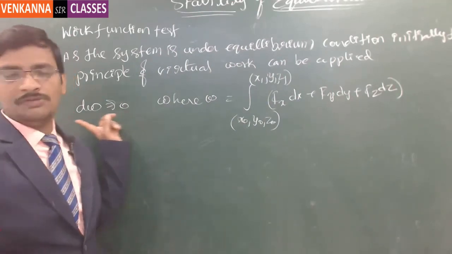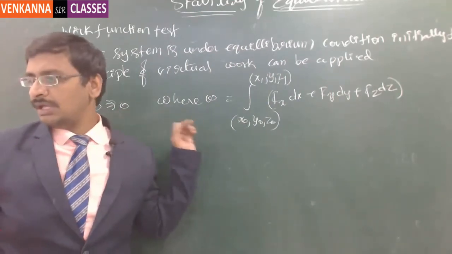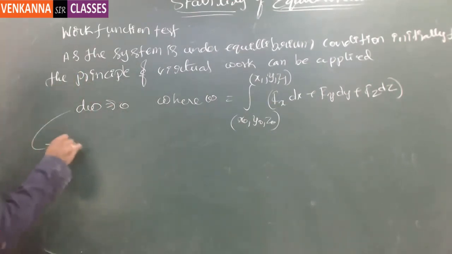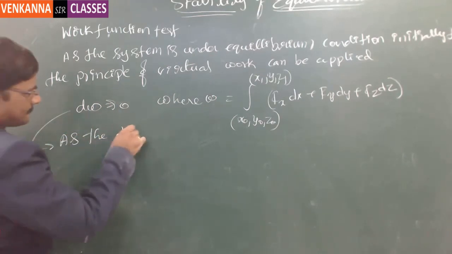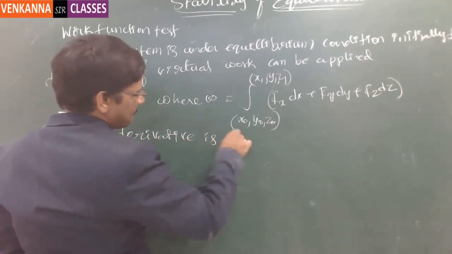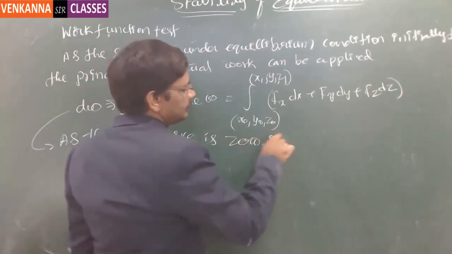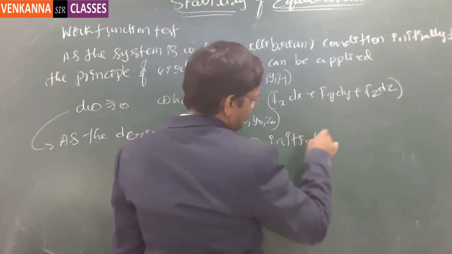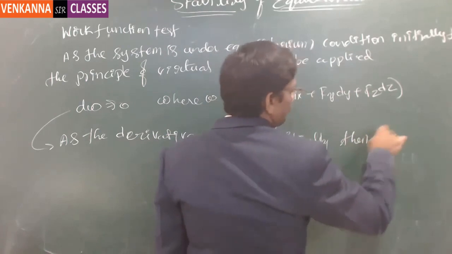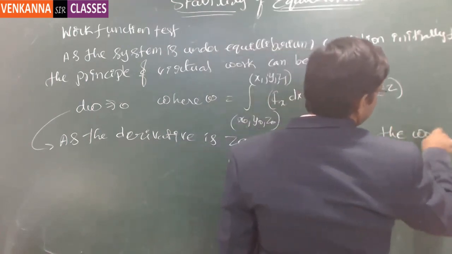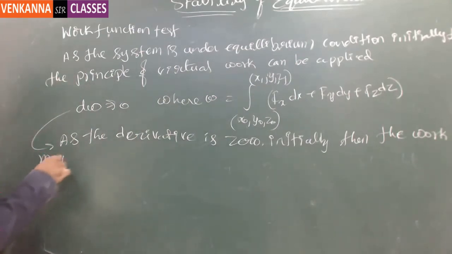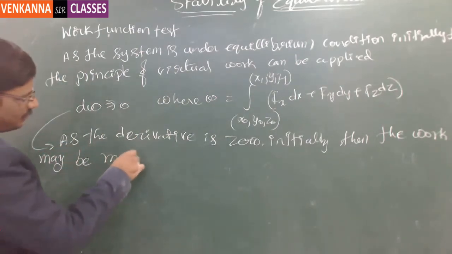So for any variable, y may be a function of x, y, z. If I take the derivative of that function, it comes out to be 0. So as the derivative is 0, the work may be maximum or minimum.